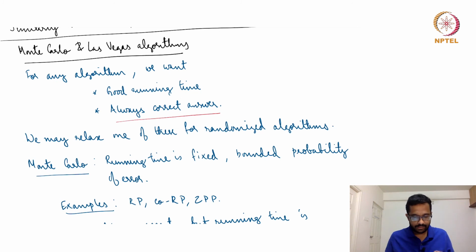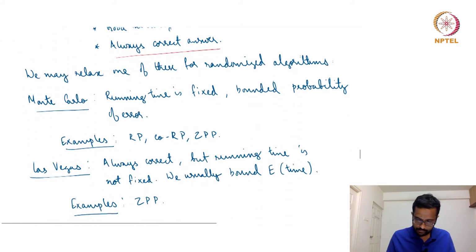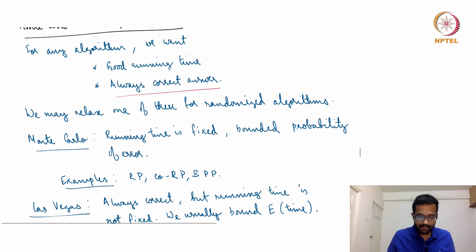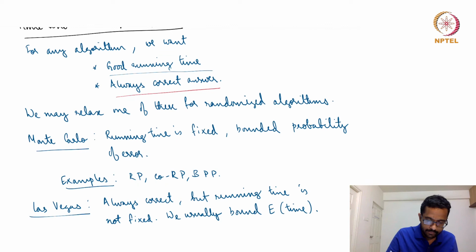Whatever we have seen so far, RP, co-RP and BPP are examples of complexity classes that pertain to Monte Carlo algorithms. What we have not seen so far is Las Vegas algorithms, where we relax the running time requirement.